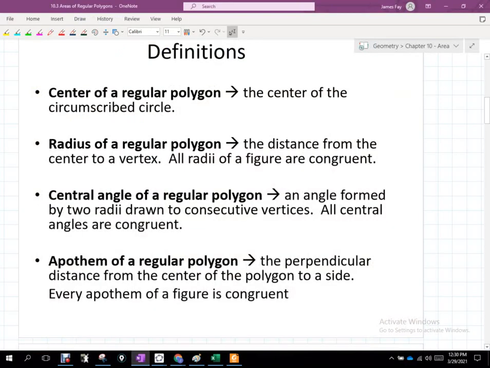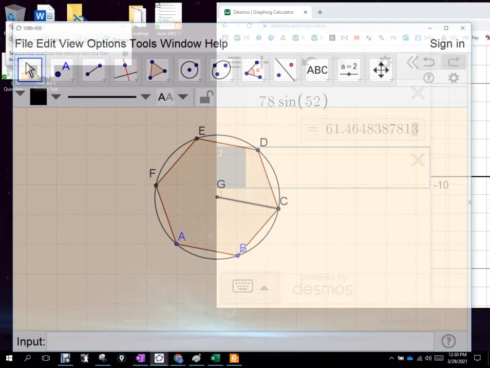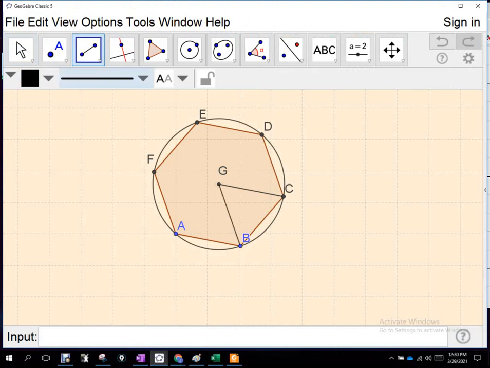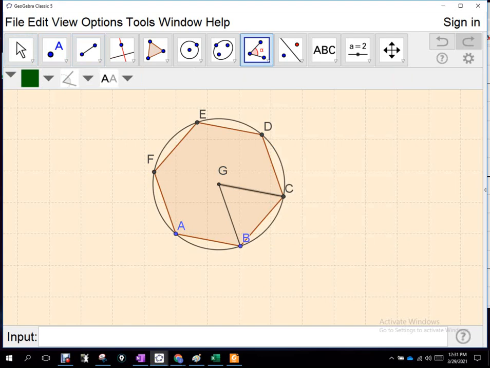A central angle of a regular polygon is the angle between two consecutive radii of the regular polygon. So when I say the angle, I'm talking about going from that one to that one.